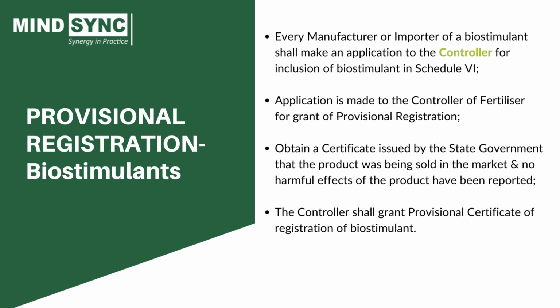The manufacturer is also required to obtain a certificate issued by the state government to grant sale permissions, that the product was being sold in the market, and no harmful effects of the product have been reported. On receipt of an application, the controller shall grant a provisional certificate of registration of biostimulant. Products not registered are not allowed after the 31st of March 2022. Provisional registration shall be valid up to the 22nd of February 2023.